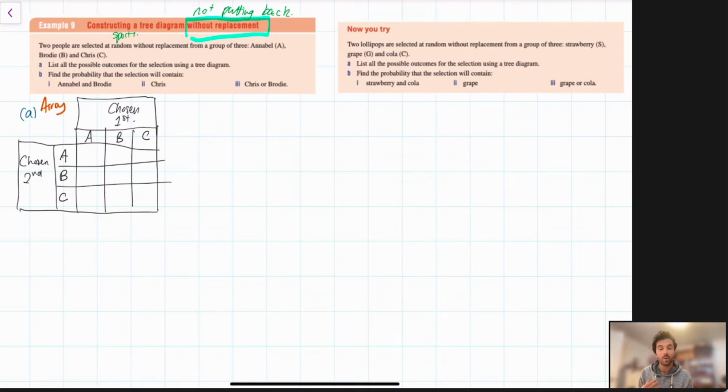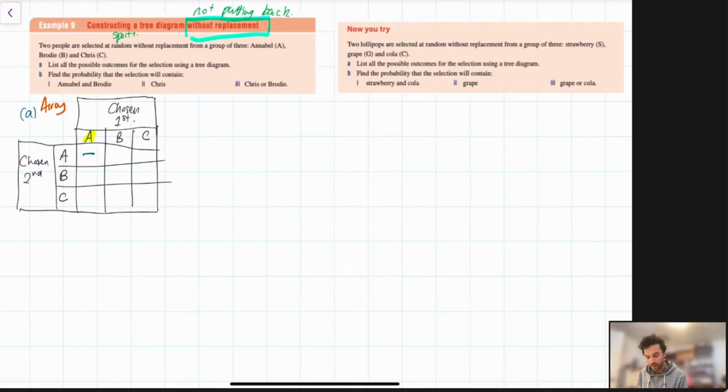And we're going to now show the possible outcomes, all the possible outcomes called the sample space. So here we go. Now, if I chose Annabelle first in my group, then it doesn't make any sense to choose Annabelle again because she's already chosen in the group. Now, what we do is we draw a dash there to say this isn't possible, it doesn't make any sense. So we can continue on and let's say we choose Annabelle first. What else is possible?